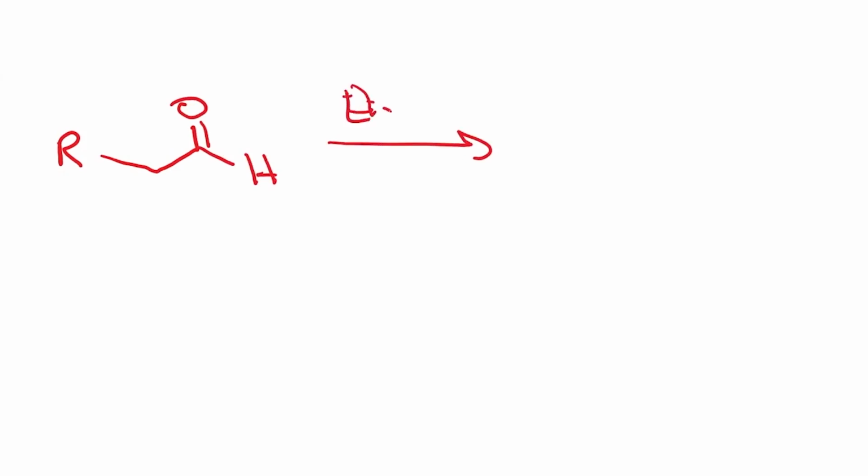So the alternate method that is preferred is to use silyl enol ethers, like I just mentioned. So you take this kind of an aldehyde, react it with triethylamine and Me3SiCl.